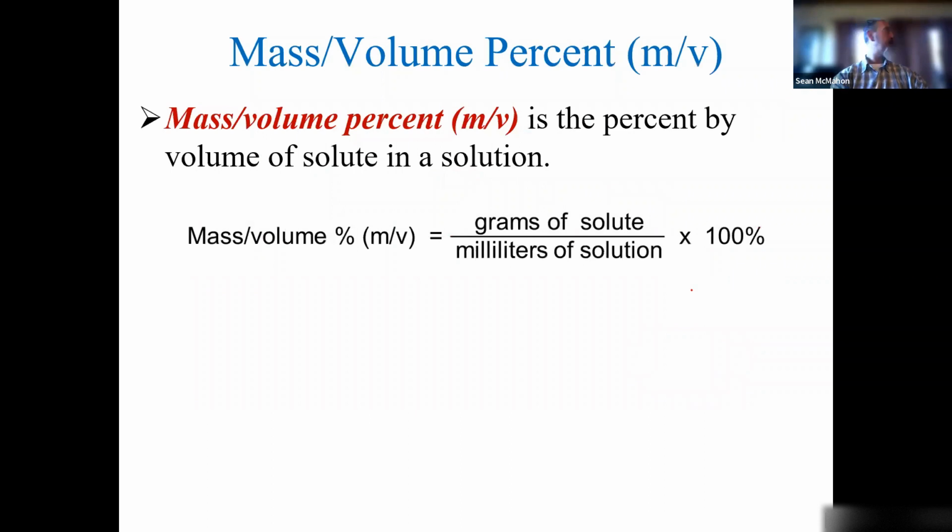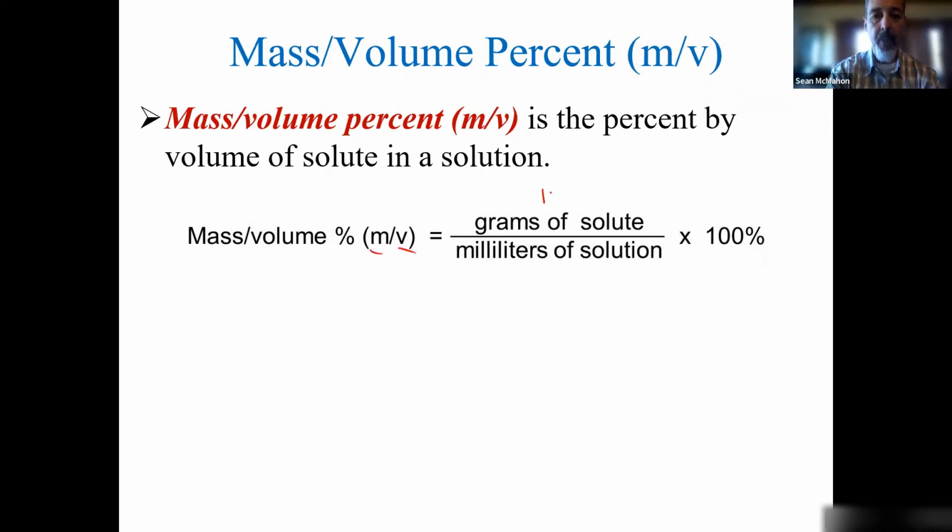You can imagine if there's a mass to mass percent and a volume to volume, well, it makes sense if we're dissolving solids in a liquid that we don't always have to change the milliliters to grams using density to get a mass to mass percent. We can, I mean, that's perfectly fine, but we can just do a mass to volume.